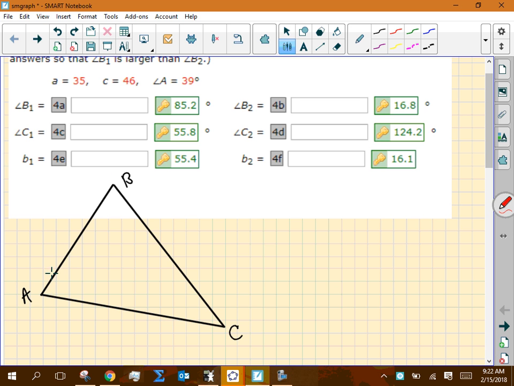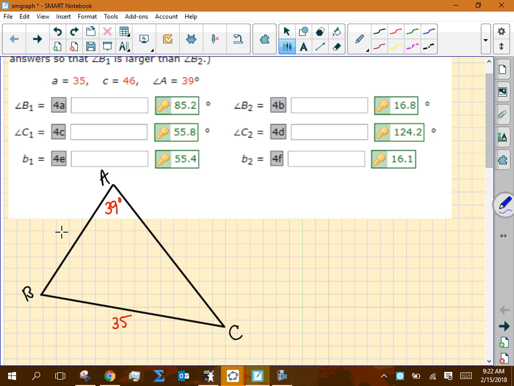Because when you have angle A being defined as 39 degrees, and segment a is 35, no matter where A would be, maybe you put A up here as B, maybe you flip-flop these two, does that mean that has to go there, and now that has to go there? Does that kind of make sense to everybody? So it doesn't matter what your picture looks like, where you put your points, we're going to have that information.